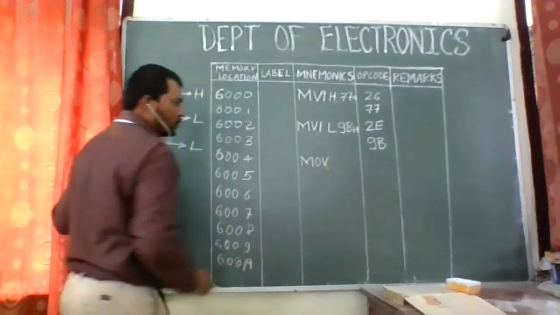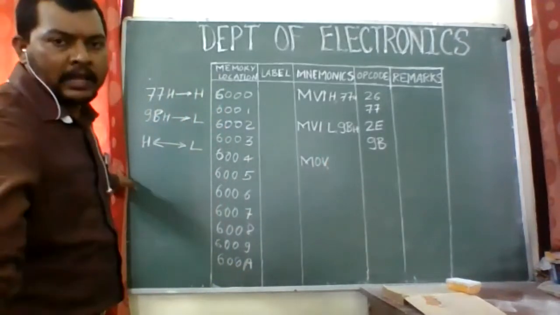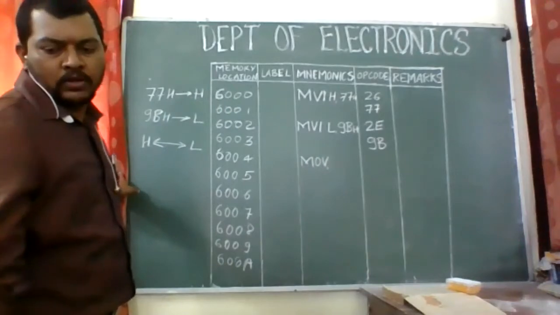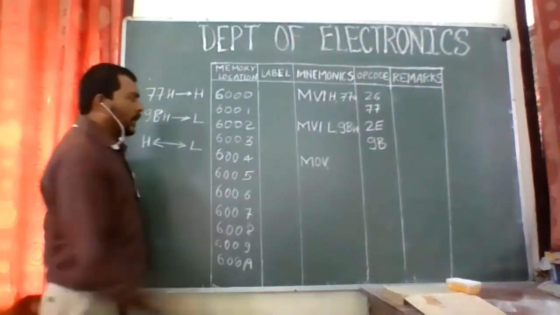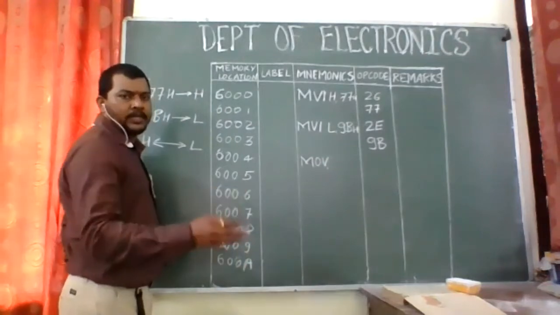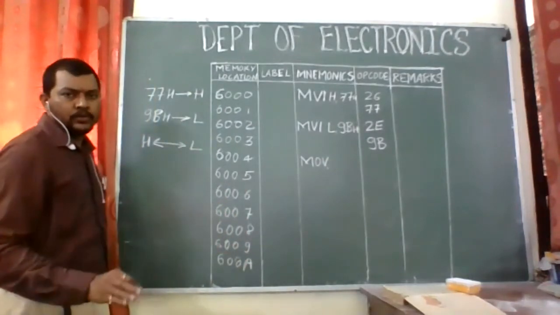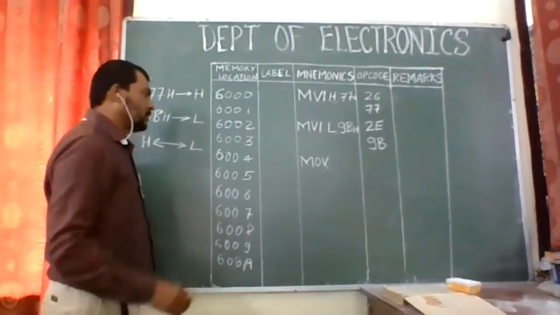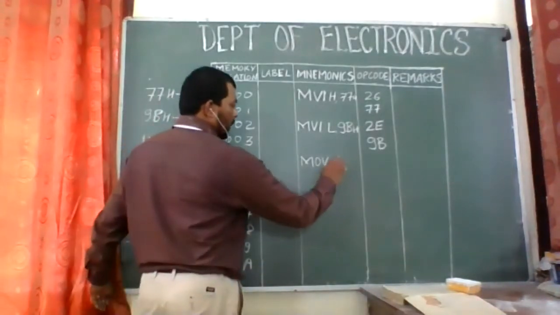If you are able to hear that, which register shall I use for this? Can anybody tell? Just to store this temporary data. Any register you can use. You have B, C, D, E, and HL we are already using. So HL we can't use, but we can use any of the other registers. For reference, we can use A.